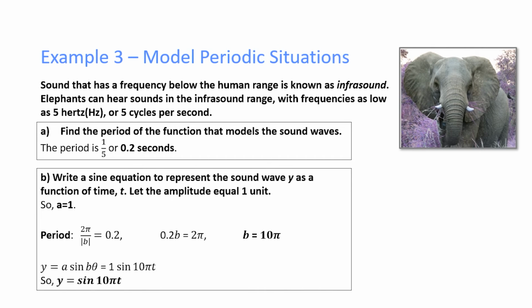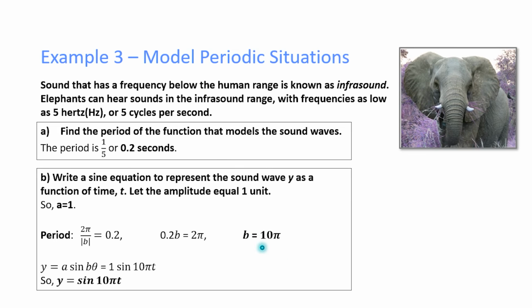B, write a sine function to represent the sound wave y as a function of time t. Let the amplitude equal 1 unit. So in this case, A equals 1. The period, we're going to use radians here, is 2 pi divided by the absolute value of B equals 0.2. Rearranging the equation, we get a value of B equals 10 pi.